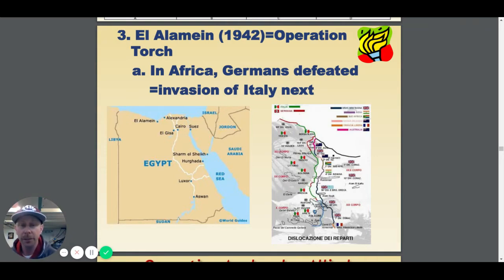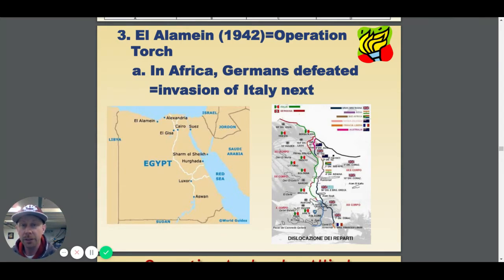He's a great leader of the Italian troops for the most part, and some German troops who were helping fight in Africa. And also, Operation Torch in other parts like Casablanca and Morocco is where you're going to see General Patton from the United States for the first time. But this was a big deal in Africa at El Alamein.